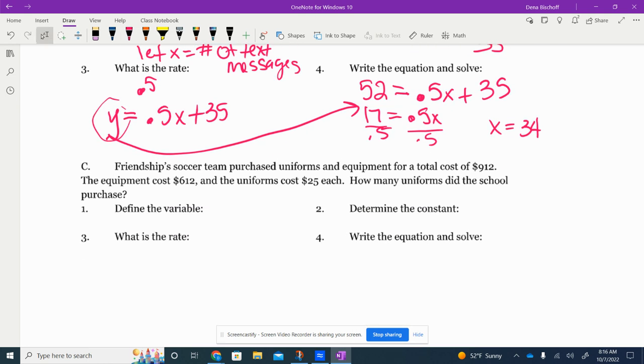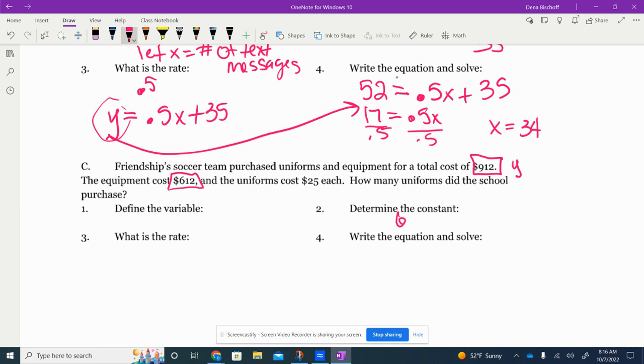All right. Friendship soccer team purchased uniforms and equipment. So the total cost is $912. This is usually what, when we set an equation, usually Y represents the total, but we already know what the total is. That's why we're not using two variables here, okay? The equipment costs $612.